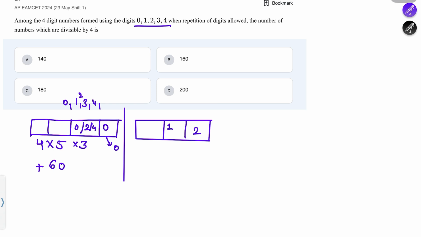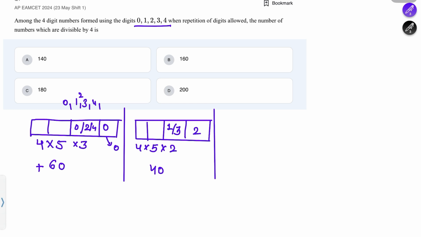Use 2, 22 is not possible. Use 3, 32 is possible. 42 is not possible and 52 is not possible. So the only possibility is two digits and they are fixed. And it is the same 4 factorial, 5 factorial and 2 factorial. So according to this, it is 40.